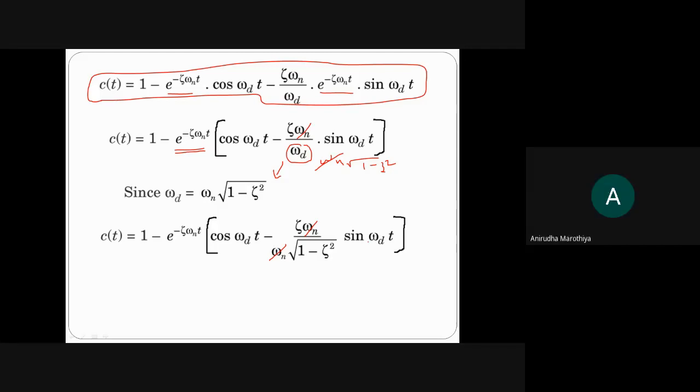Yes, sir. Okay, now we need to take 1 upon under root 1 minus zeta square common.